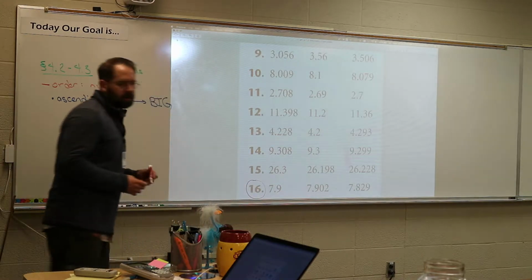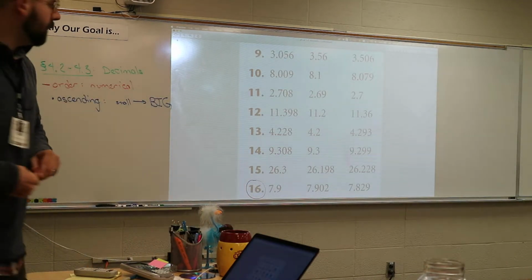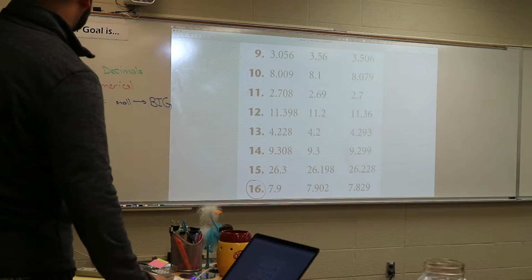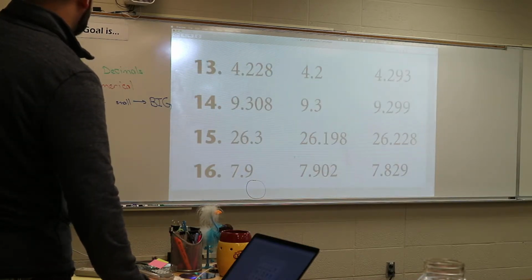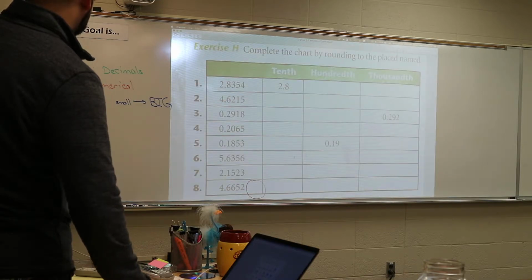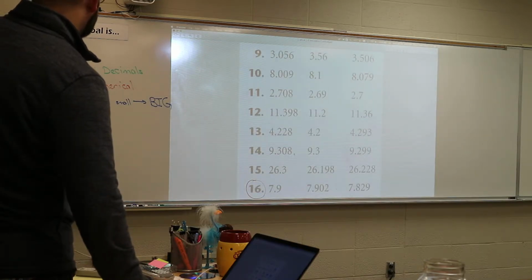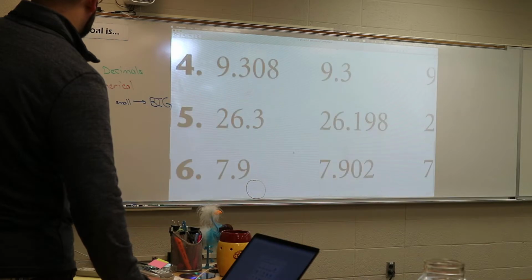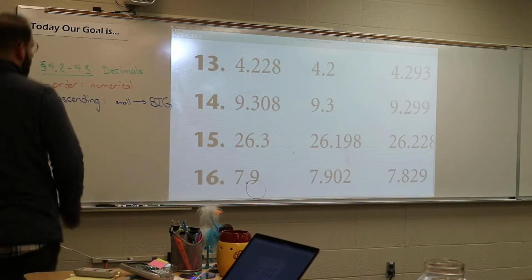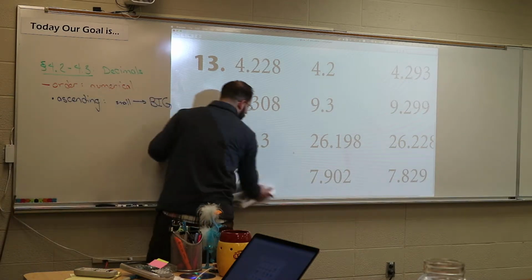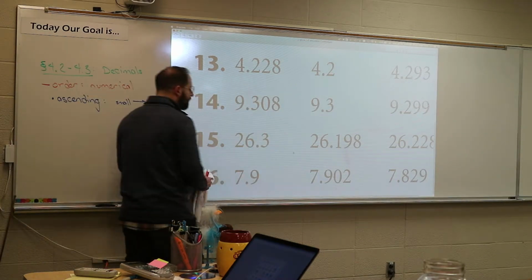Alright, so the idea here, let me shorten this up just so we can see this. Let me zoom in here. We're doing number 16, this bottom one here. On the bottom problem, we're going to try to put these in order, small to big.